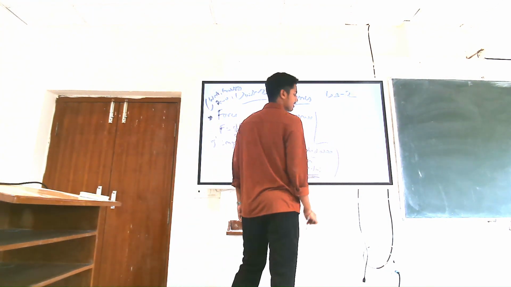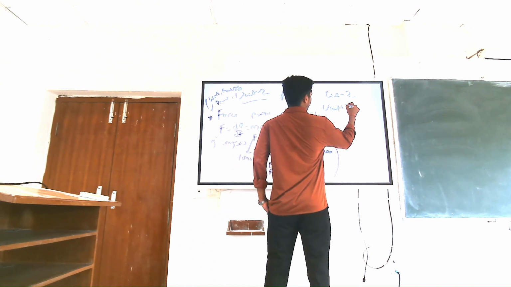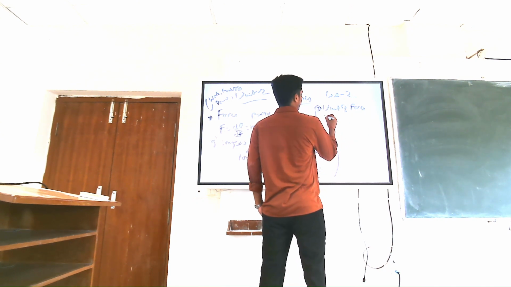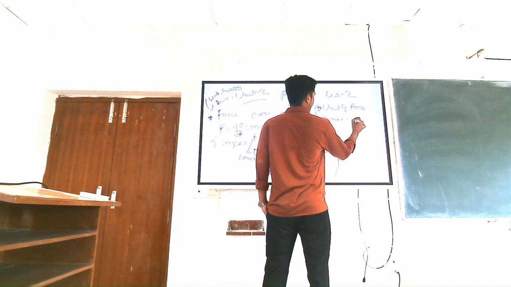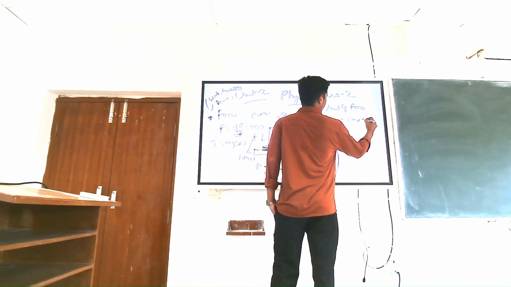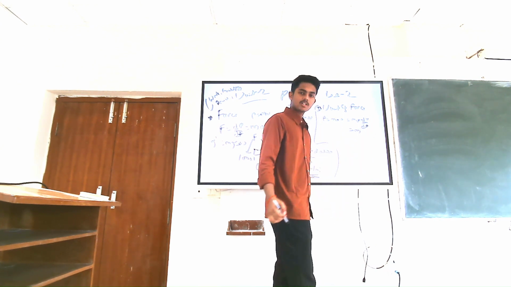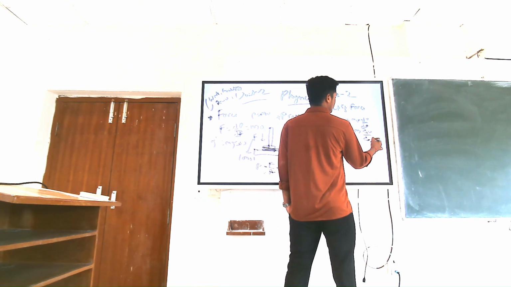Before telling the unit of pressure, I'll tell you the unit of force. Force is equal to mass into acceleration, right? Acceleration is the rate of change of velocity, that means dv by dt. Change in velocity is also velocity only, delta v, and change in time is also time only.